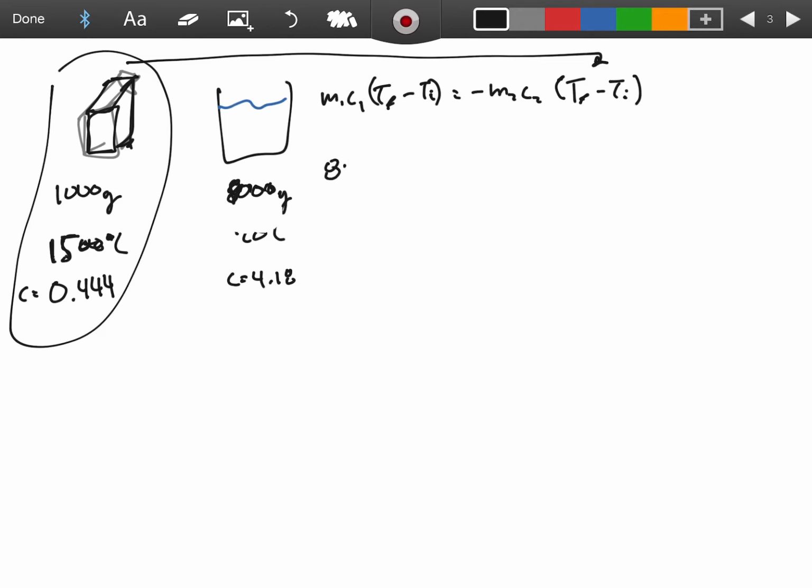So this is going to be 8,000 times 4.18 times (T minus 20) equals negative 1,000 times 0.444 times (T minus 1,500).